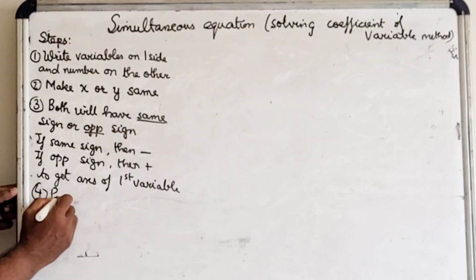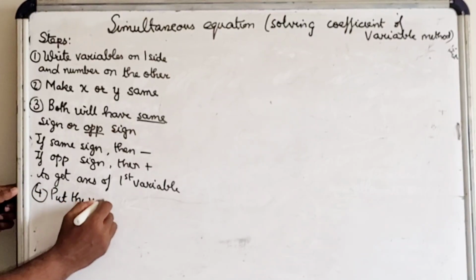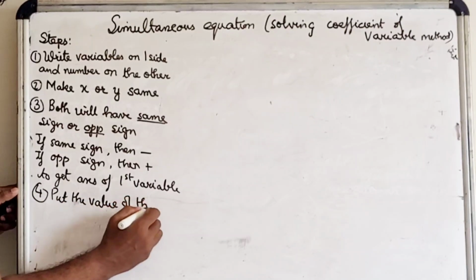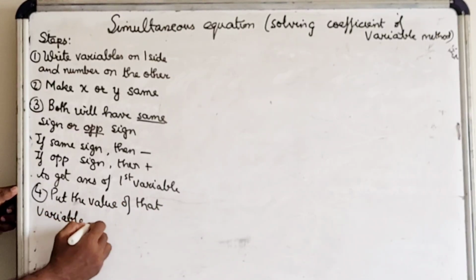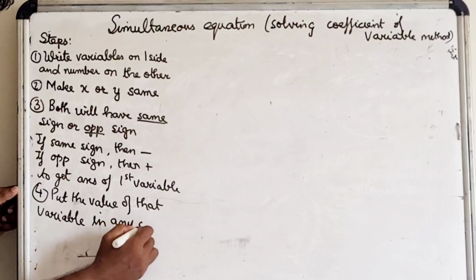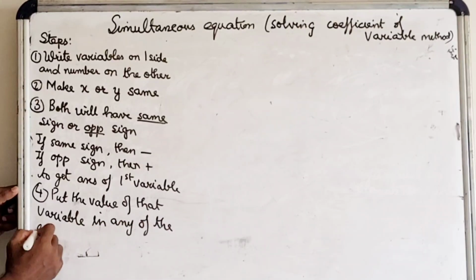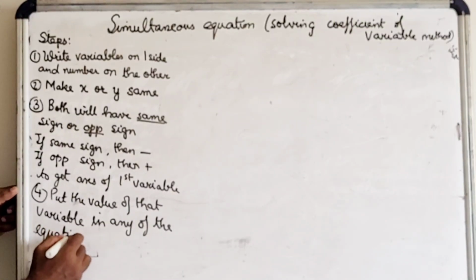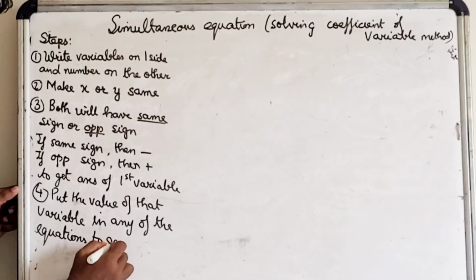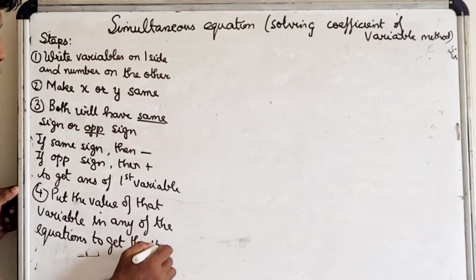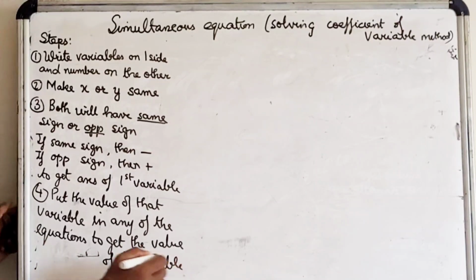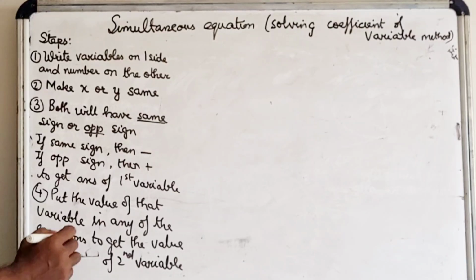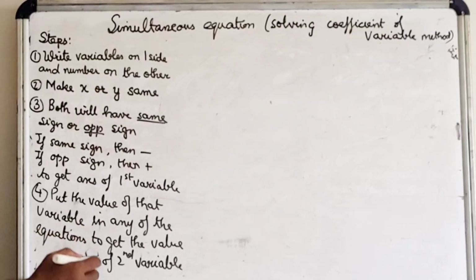Step 4, put the value of that variable in any of the equations to get the value of the second variable. What I'm saying, you will understand when I solve a sum.